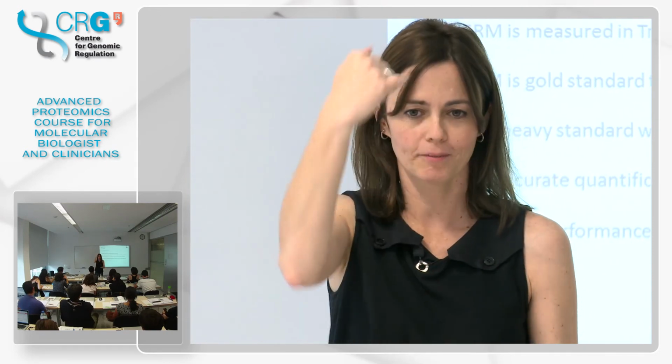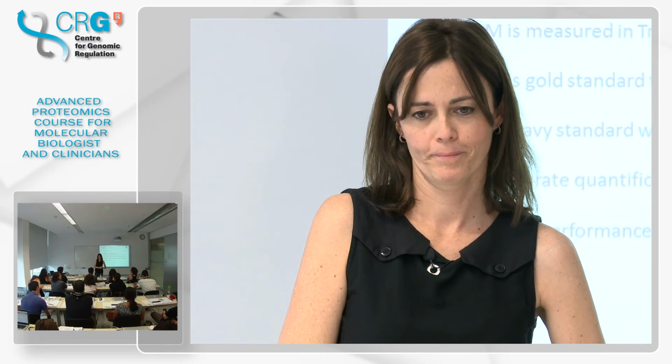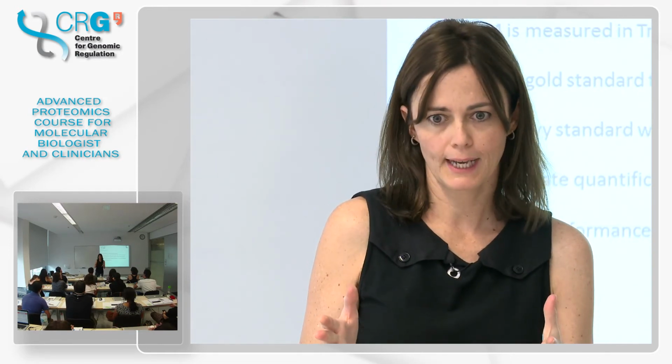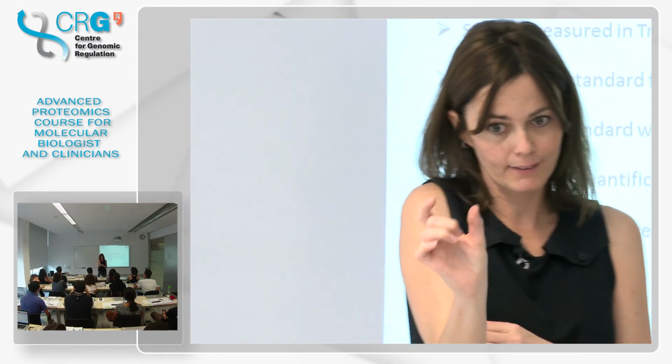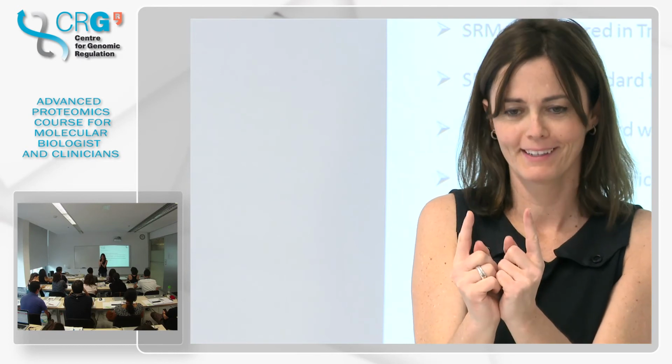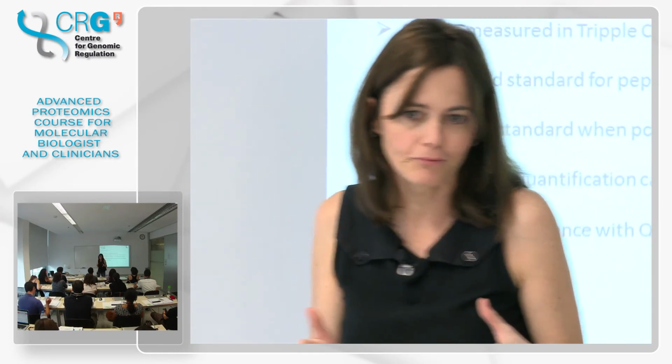And then you can multiplex a lot more. You have to be lucky that your peptides come in different times. They always come in different times, but there is always a time frame in which most come out. And that is going to be your limitation.